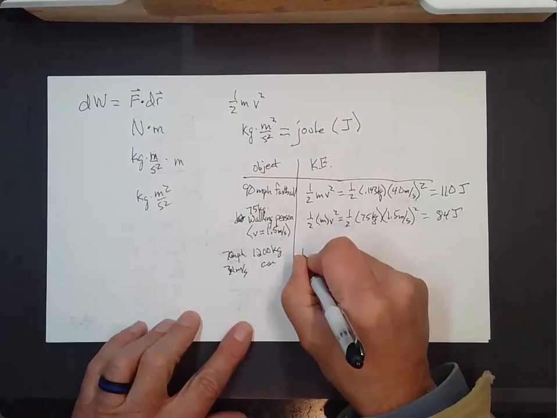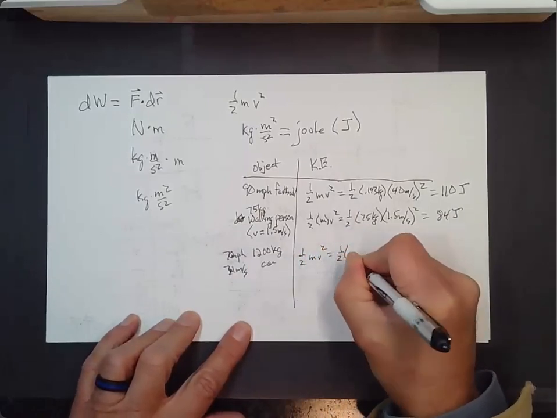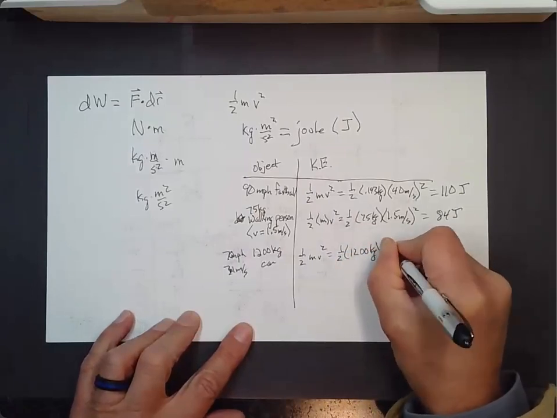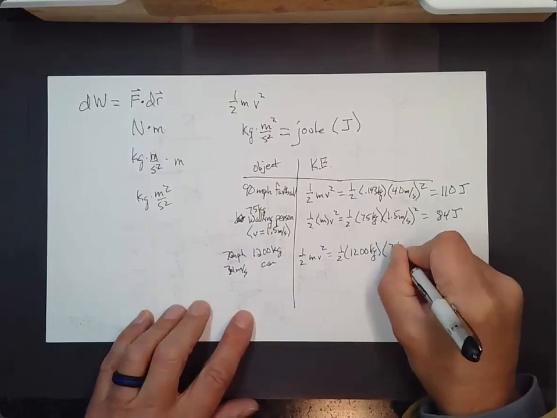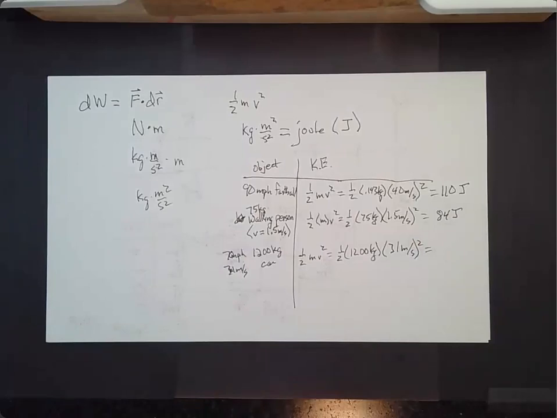So in this case, 1/2 mv squared is going to equal 1/2 times 1,200 kilograms times 31 meters per second squared. Then it's going to be a bigger number.